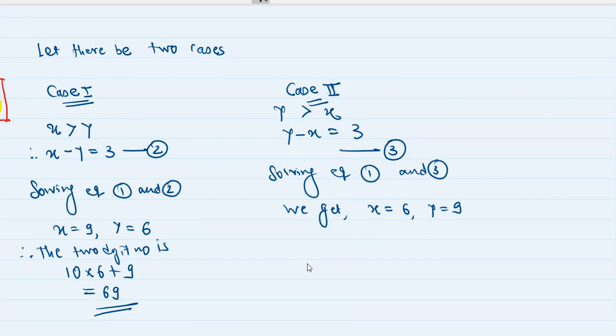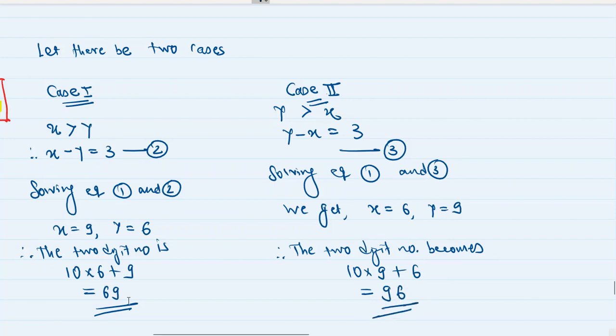Therefore, the two-digit number becomes 10 into 9 plus 6, which is 96.